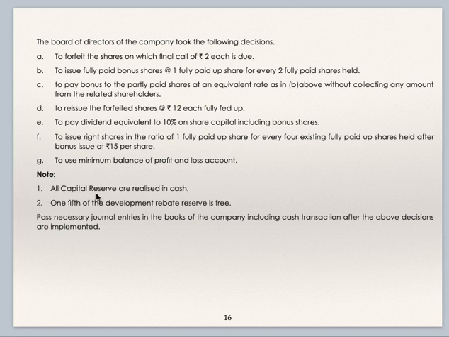First note, all capital reserve is realized in cash, so the entire amount you have in capital reserve is to be utilized for bonus. 1/5 of development rebate reserve is free. Out of development rebate reserve you can use only 1/5. Pass necessary journal entries in the books of the company including cash transactions after the above decisions are implemented.